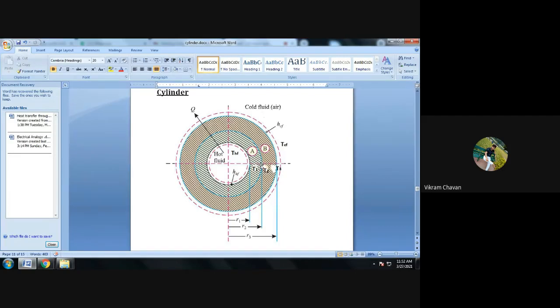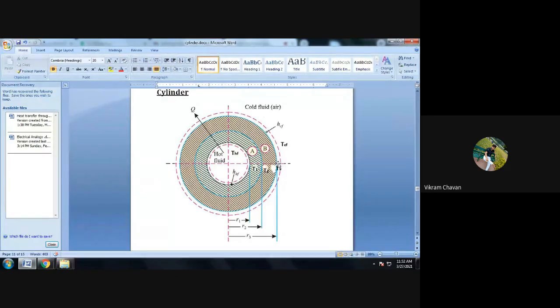Now heat has reached the external surface of A cylinder, and will transfer through B cylinder. Once again, it will be conduction heat transfer, because it is transferring within the thickness of the cylinder.